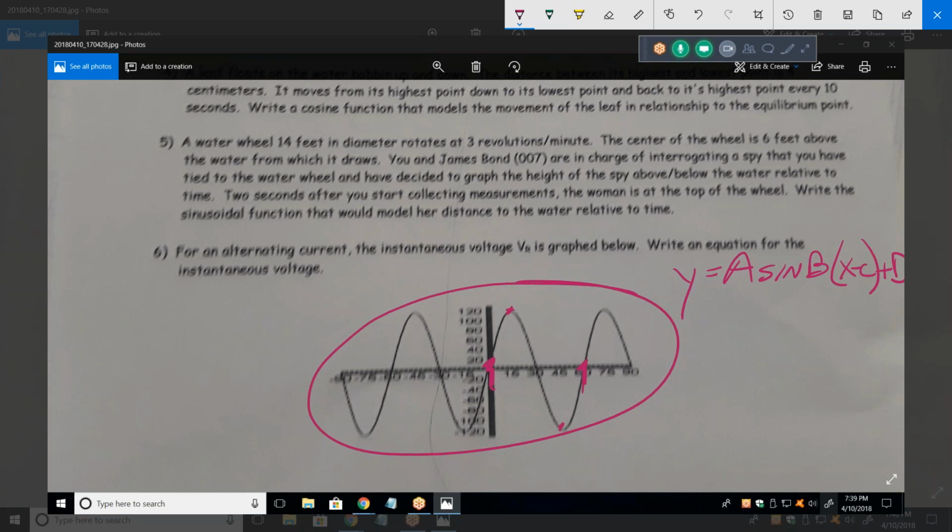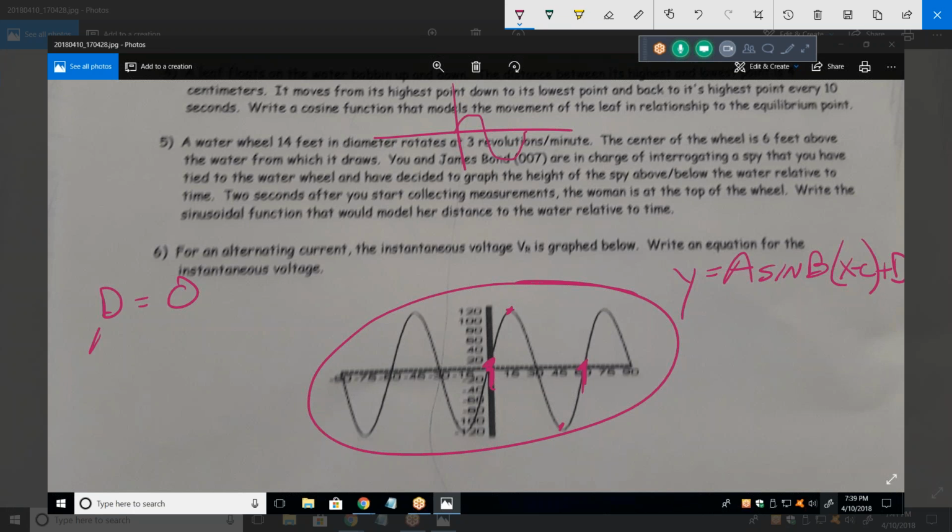Stop. Tell me what D is. How much vertical shift is there in the graph you're looking at as opposed to the normal sine curve? There's none. Okay, D is 0. That's why I asked it first.